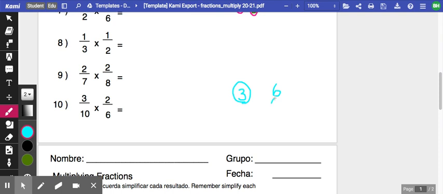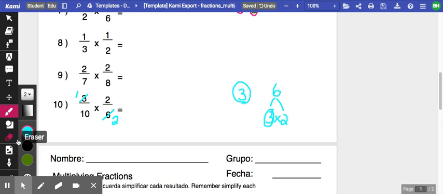I can break that down into 3 times 2. And the only number that they share in their factor trees is the number 3. So that tells me that I can divide both of these by 3. 3 divided by 3 gives me 1. 6 divided by 3 gives me 2.